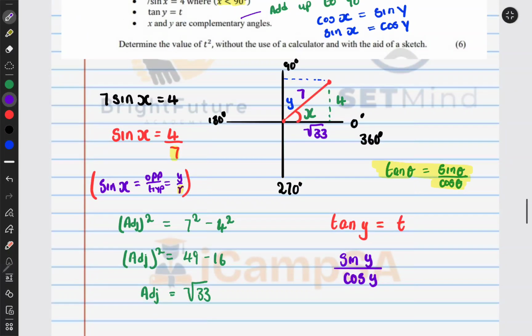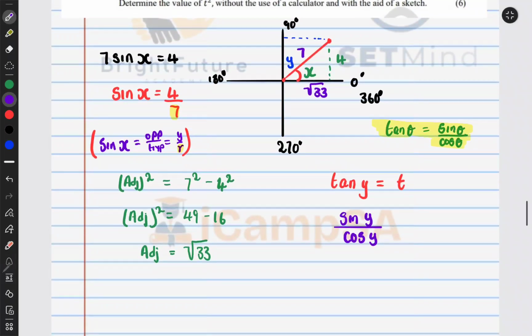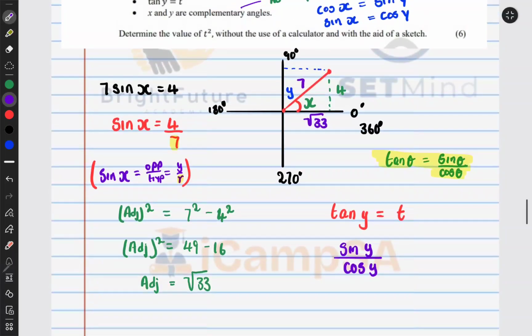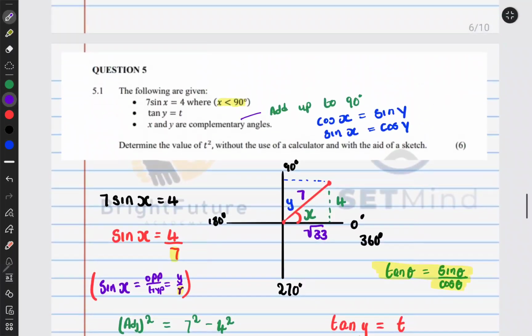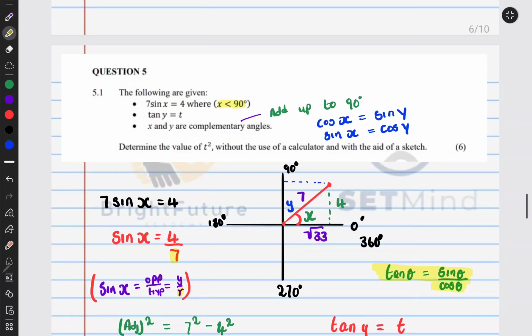But then we know that sine y, what is sine y? Sine y is equal to cos x.